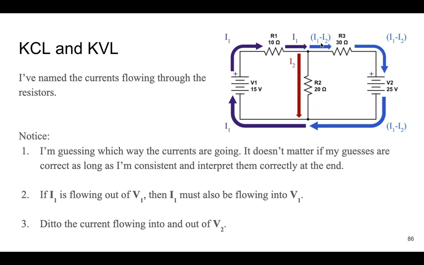In other words, I1 minus I2. So maybe that seemed goofy the first time you learned it, but the beauty of doing it this way is I still only have 2 unknowns that I've got to figure out. And that means when I get to the system of equations part, I only need 2 equations. If you named a third one, you would need 3 equations. So anyhow, first part, name your currents.